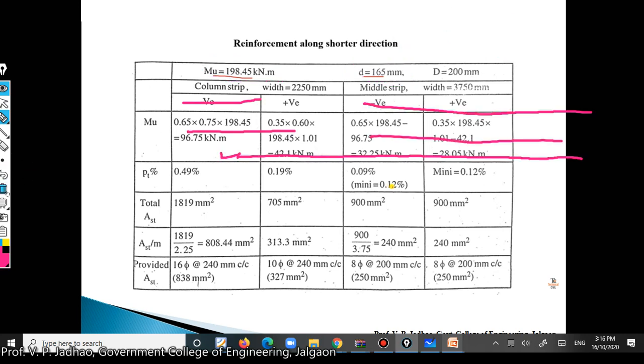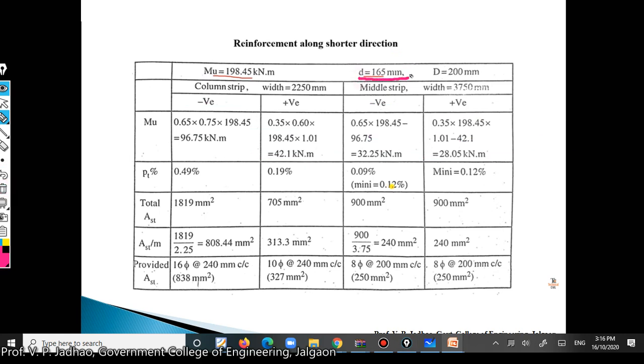Because if this is your flat slab, and when we are providing the steel reinforcement along the shorter direction, we will be keeping this steel reinforcement like this. This is along the shorter direction.